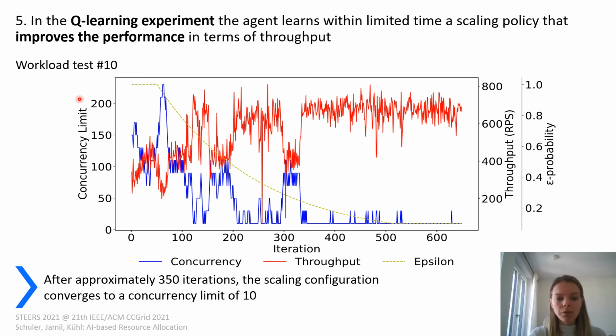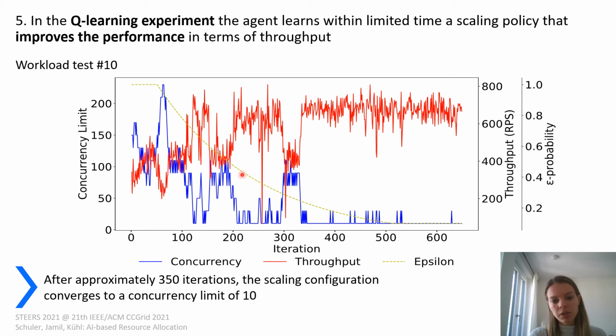In this graph, we can see at the beginning that the agent is randomly exploring the action space a lot. So the agent tests a lot of different actions and increases, for example, the concurrency limit up to 310, and then also goes down to a concurrency limit of 10. Of course, the throughput also varies with choosing different concurrency limits.